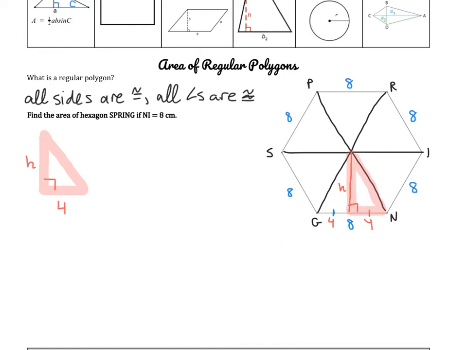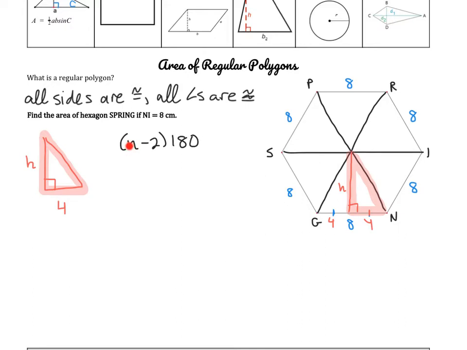So the next thing we're going to need to do is go back and do a little bit of trigonometry to help us find the side, but first we need to know an angle. So there is a way that we learned how to find the sum of all the angles of a regular polygon. We did have a little formula for that. The formula was n minus 2 times 180, where n is the number of sides.